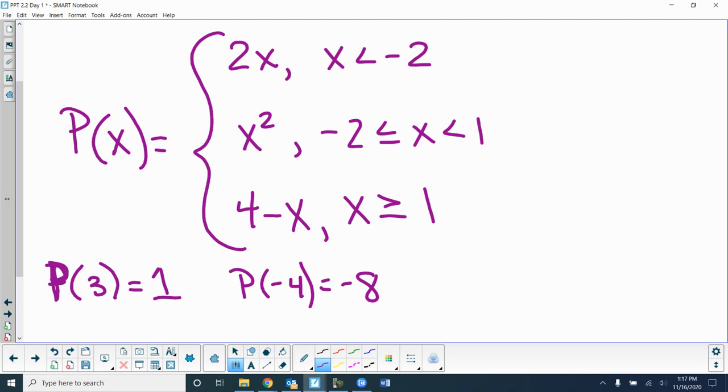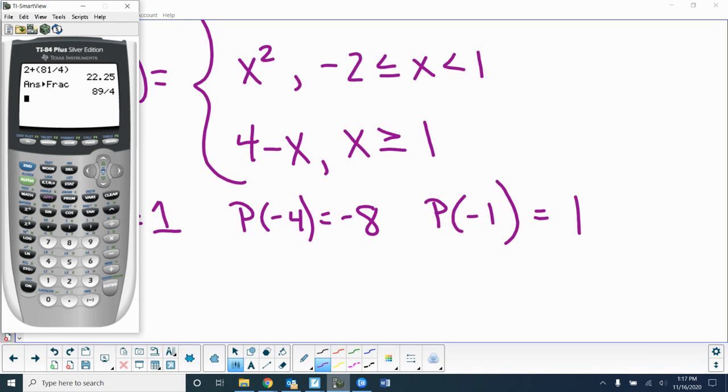What's P of negative 1? That's the middle, right? Negative 1 fits between negative 2 and positive 1, right? So what's negative 1 squared? 1. That making sense? And what if you had to graph that? You have to graph all 3 pieces, wouldn't you? Okay?